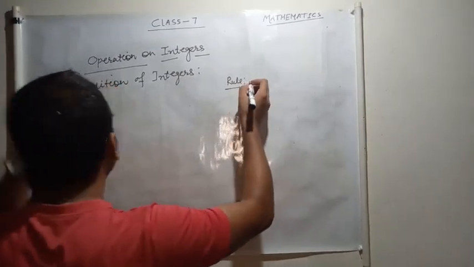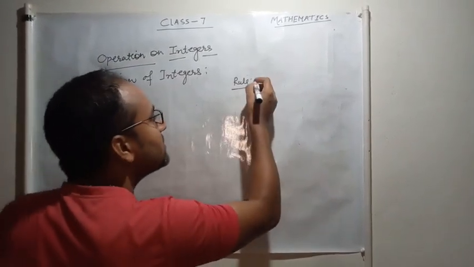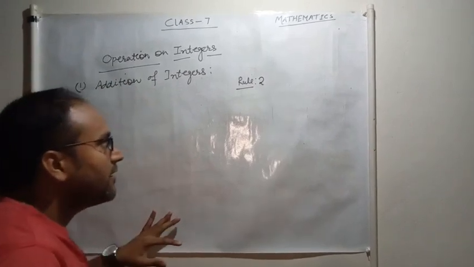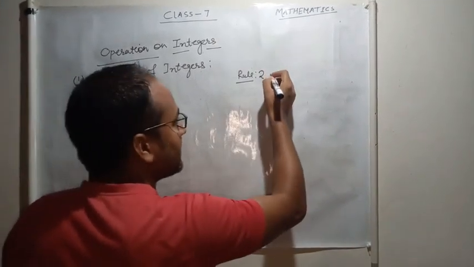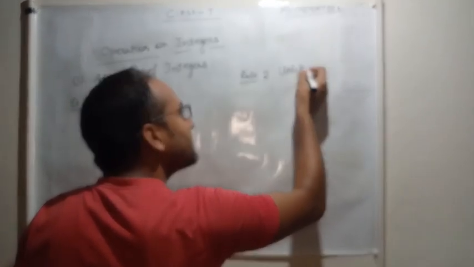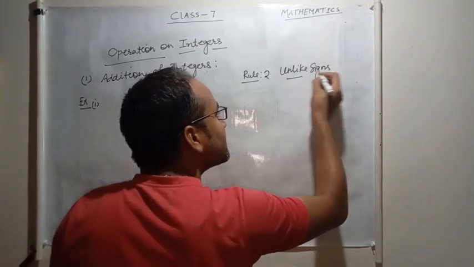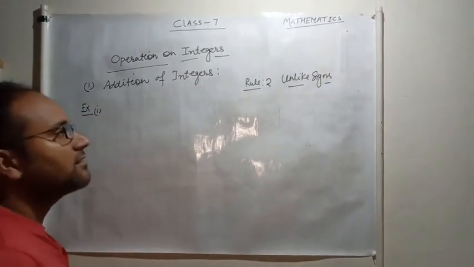Rule second, addition of integers. The first rule I have discussed. Now rule 2: for unlike signs, that means opposite signs.